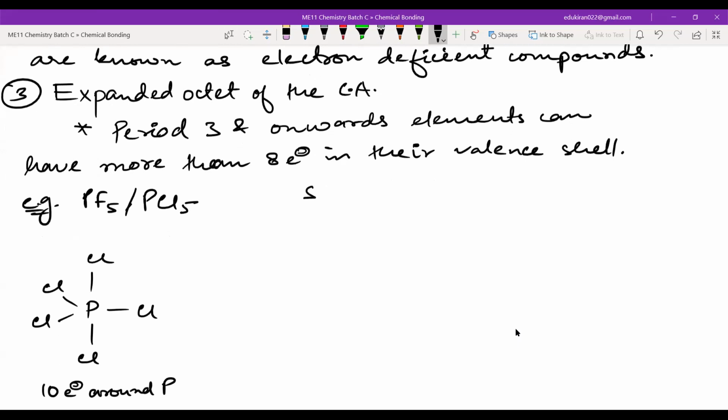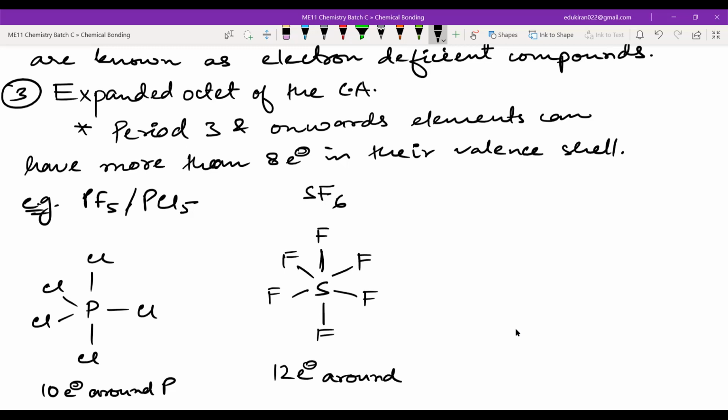Then SF6: twelve electrons around sulfur.